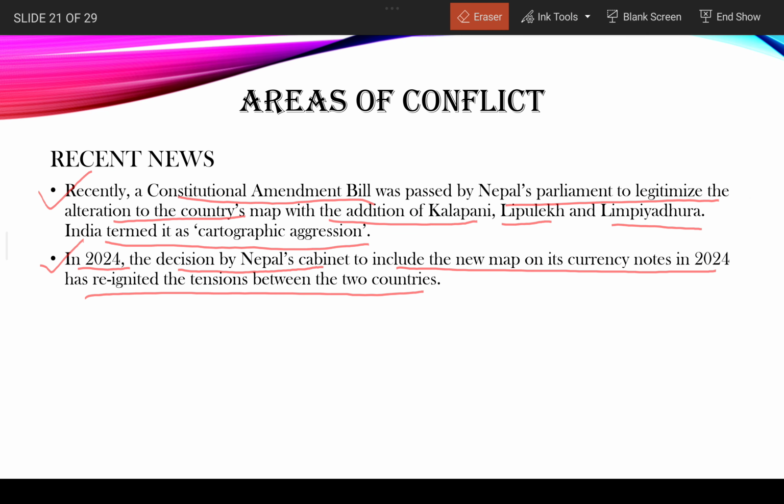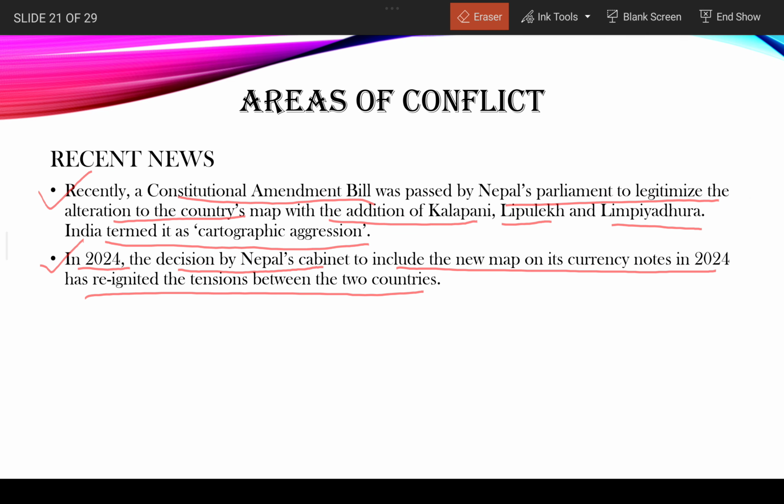The other is to check India's influence in Nepal, because China wants to have more influence in this region of South Asia. That's why it wants good relations with Nepal.